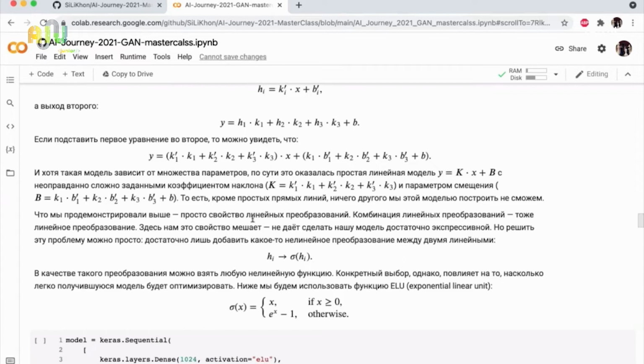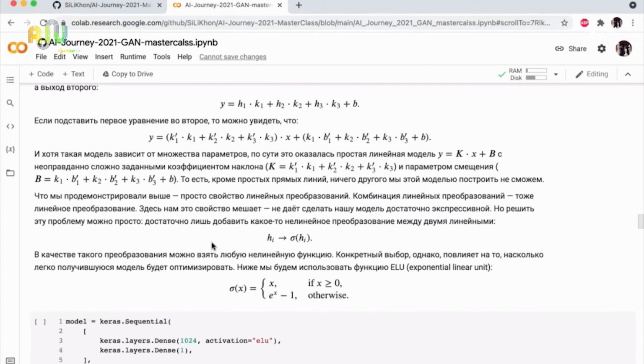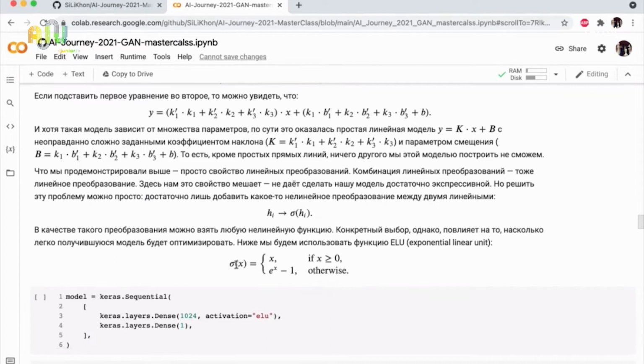Then, by the law of superposition, a combination of nonlinear transformations is nonlinear, because our summing transformation is also nonlinear, and as practice has shown, it allows us to create a model with a wide range of functions it can describe.